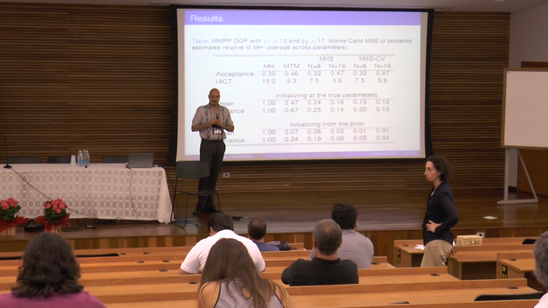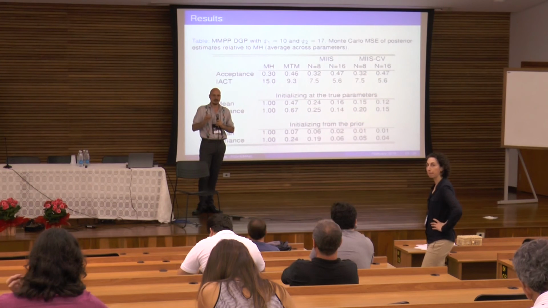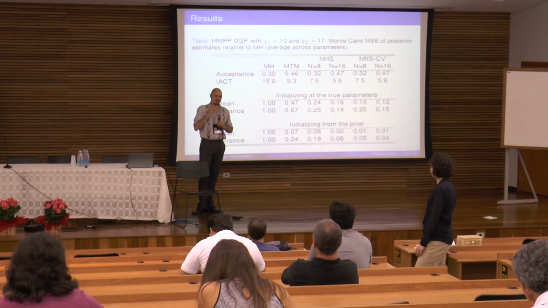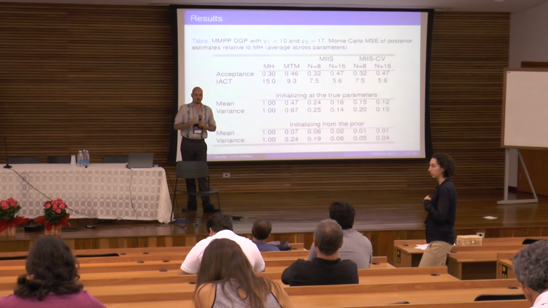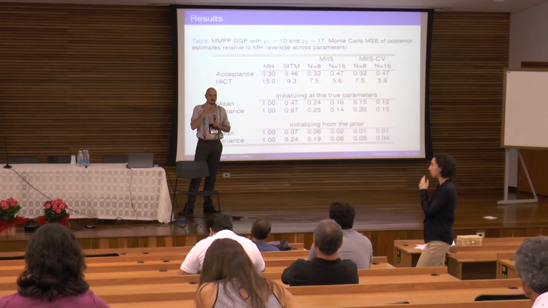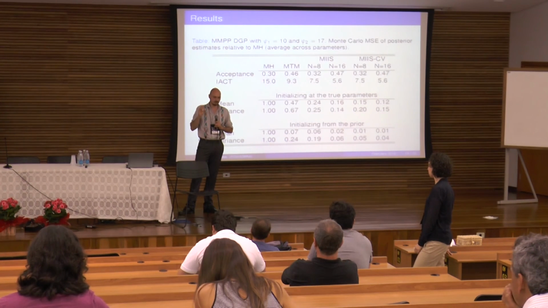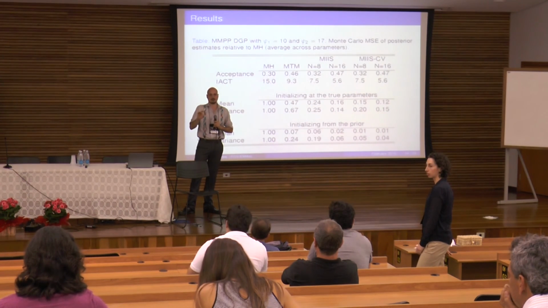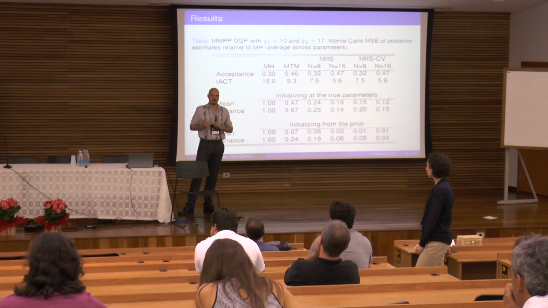But we also implemented many versions of the multiple try, and our algorithm managed to win every time when normalized by time, except when we use independent proposals. In this case, it was a tie.